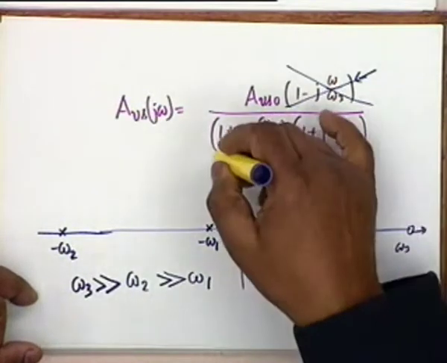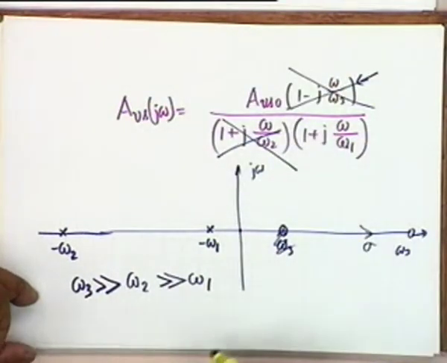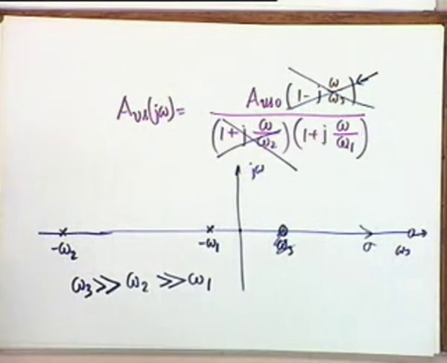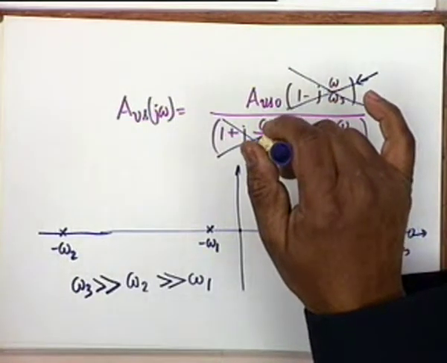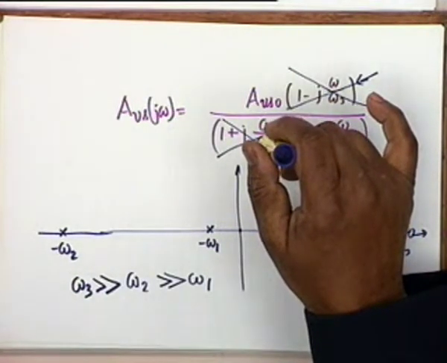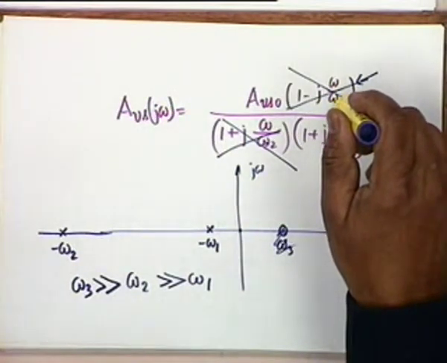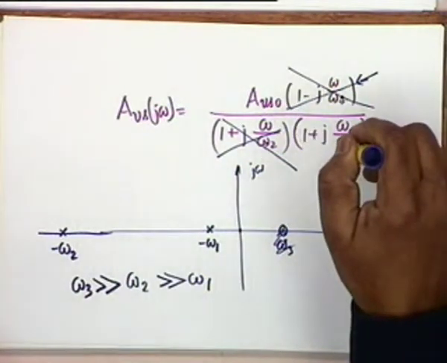In other words, if this can also be ignored at frequencies around omega 1, then naturally this is again a low pass filter, first order low pass filter, that is the effects of C0 plus C mu, the effect of C mu determines omega 3, they are all swamped by the effect of CT.